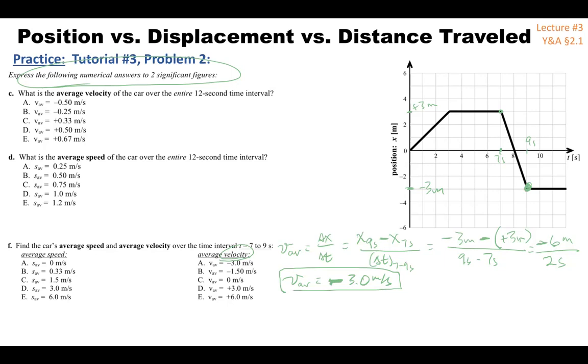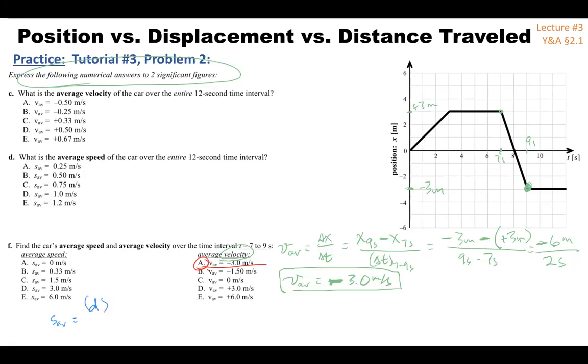All right, let's take a look at the average speed. So first of all, average velocity, now we know the answer is negative 3. Okay, so now let's take a look at average speed. So I'm going to remind myself my formula. Average speed is equal to distance traveled over this time interval.